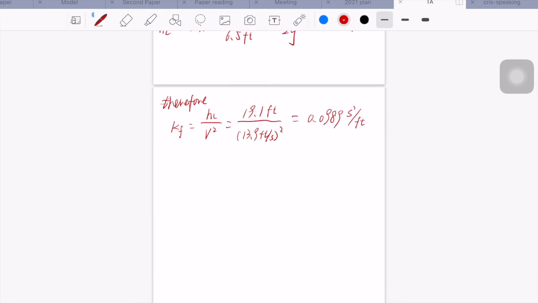We also know the damping factor is found using the following equation: y max plus HL over beta equals the natural log of beta over beta minus y max.